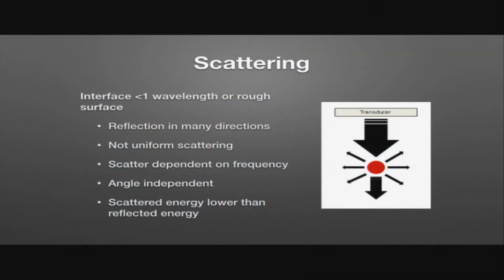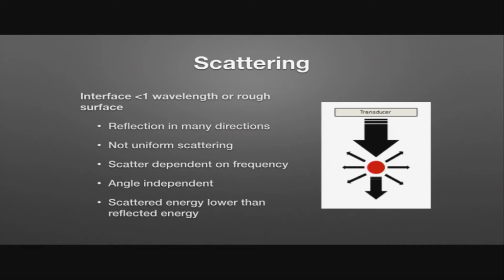When the ultrasound wave hits one of these red blood cells or a rough surface, you're going to get reflection happening in many different directions. And it's not going to be uniform scattering, and that scatter is going to be dependent on frequency, because the interface has obviously got to be less than 1 wavelength. It's going to be angle independent.